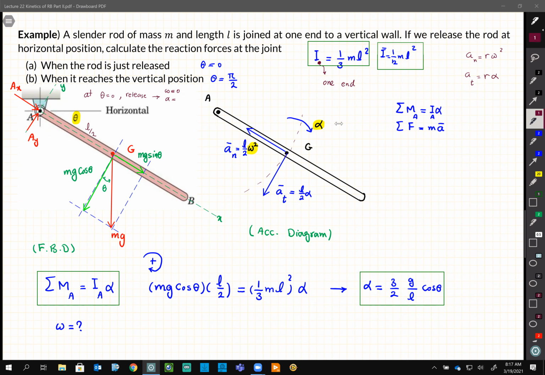That's true. All right, so it's an important thing to think about carefully because, again, in many problems in the future or in this course that you solve, a mistake like that can lead to wrong calculations. When we release it, omega is obviously 0, but alpha is not 0, because if alpha is 0, what is going to push these things?